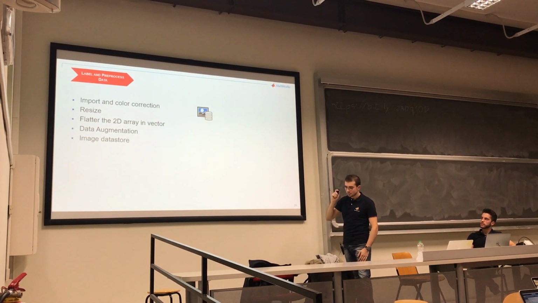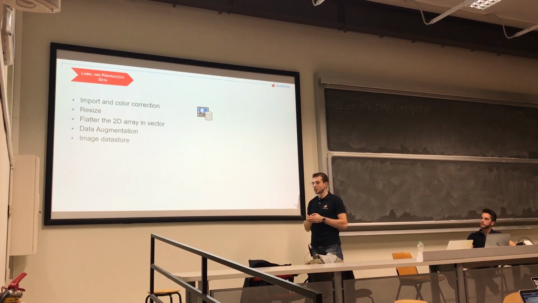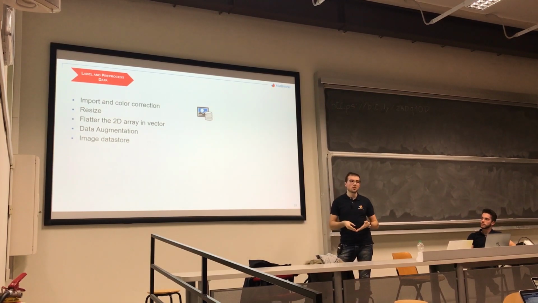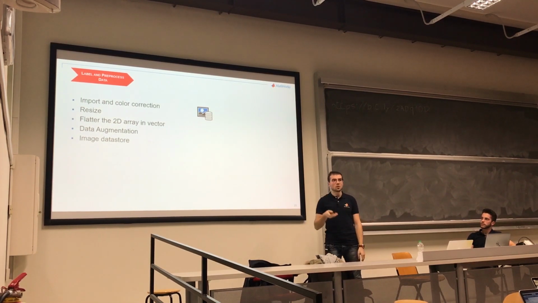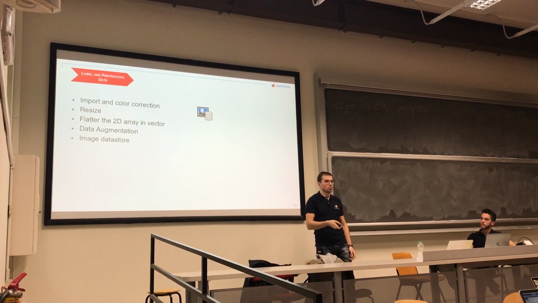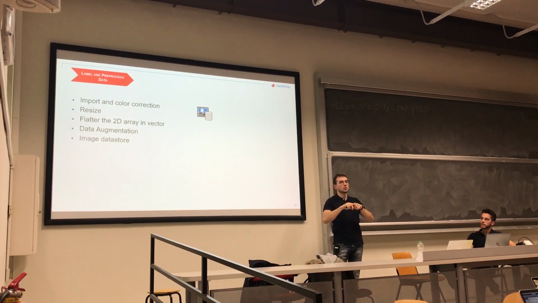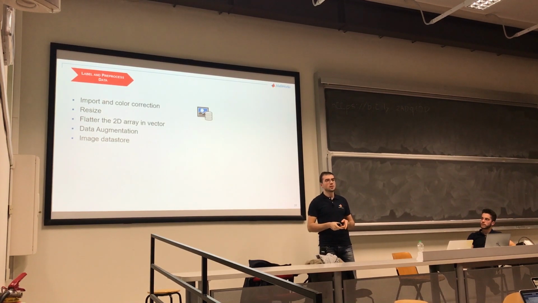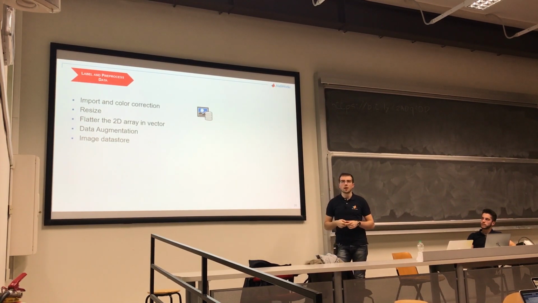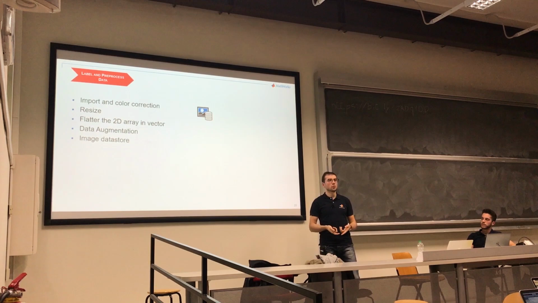And then this part, image data store. Image data store is a very specific feature inside MATLAB because it allows you to handle lots of images, so a big database of images, in a way that doesn't require too much power on your computer.